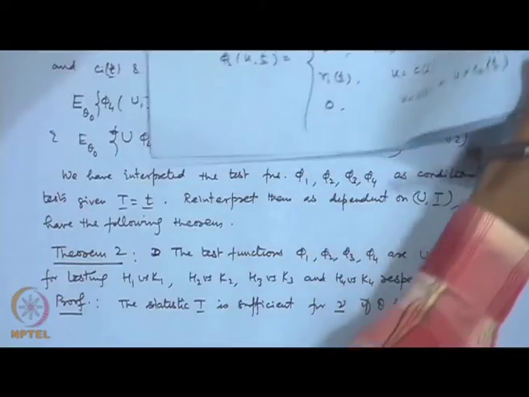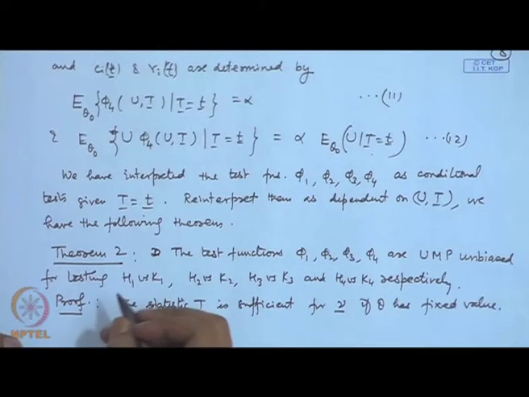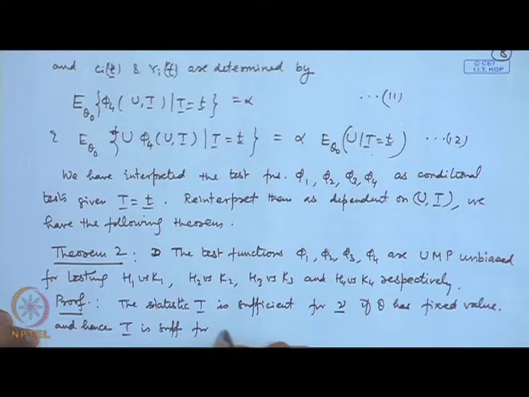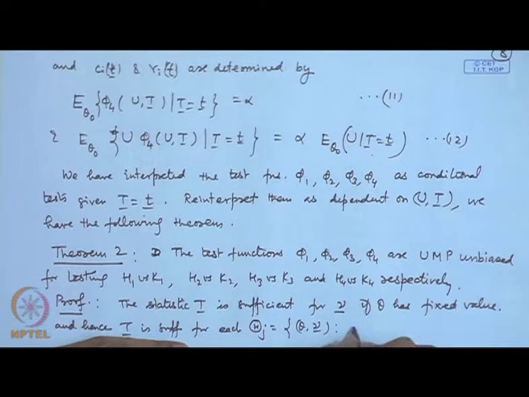And hence we can say that T is sufficient for each, we will call them subsets of the parameter space, theta nu, where theta nu belongs to script theta and theta has been fixed as some theta_j.